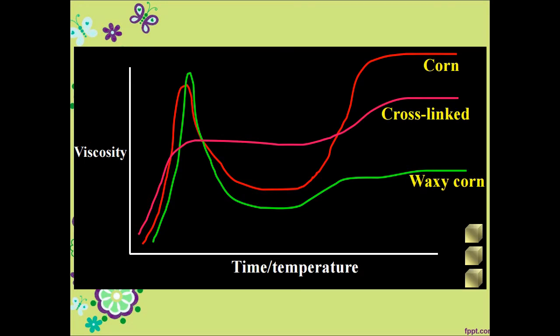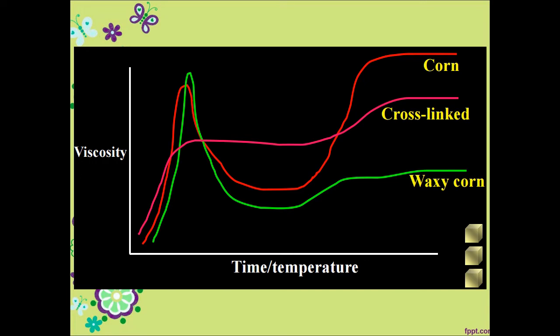So you can see here, this is again a graph showing the three different sources of starch as a function of time and temperature, and the change in terms of its viscosity.